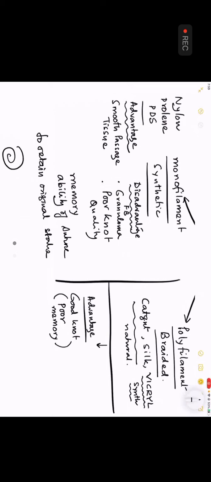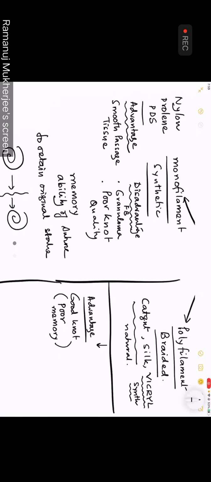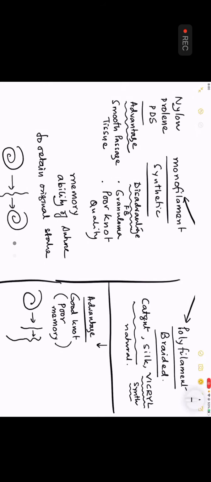If a suture was like this, when you try to open it, it will again become like this. This is called a good memory. Whereas on this side, if you have opened a suture like this, it stays like this. This is called a bad or poor memory.